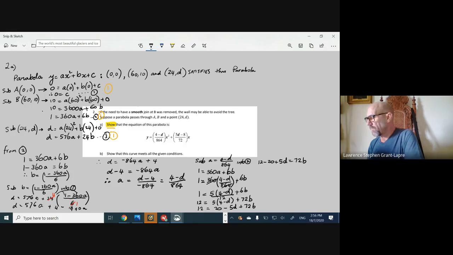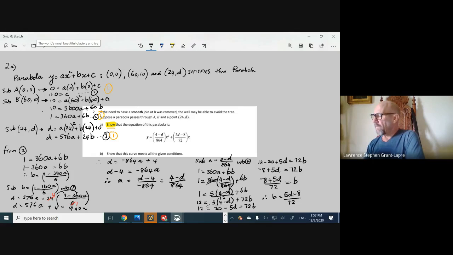If we took the 20 across and the negative 5D across, that's negative 8 plus 5D equals 72B, and therefore divide that by 72. Okay, so B equals 5D minus 8 over 72, and that's correct.